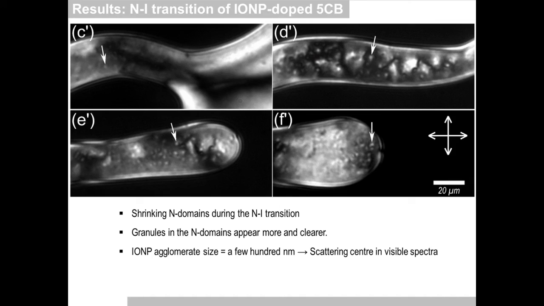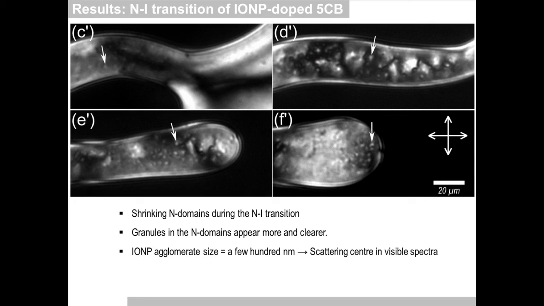If we have a close look at the nematic regions during melting, we see the shrinking of nematic domains during the NI transition as a time series, with the granules in the nematic domains appearing more and clearer with time, indicated as arrows in the images.